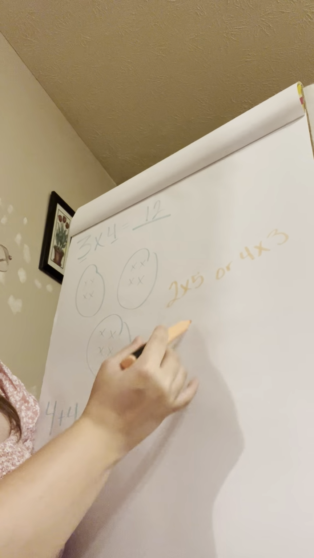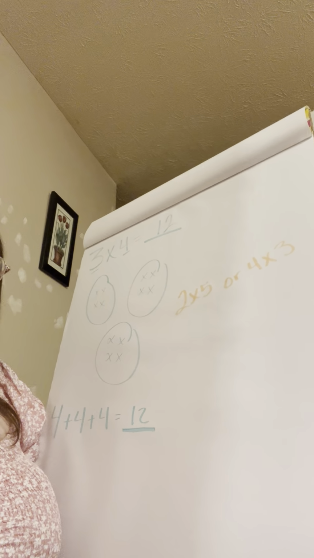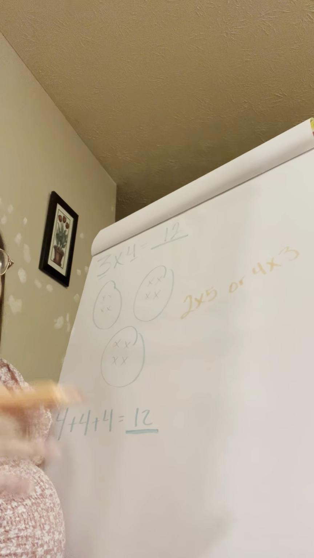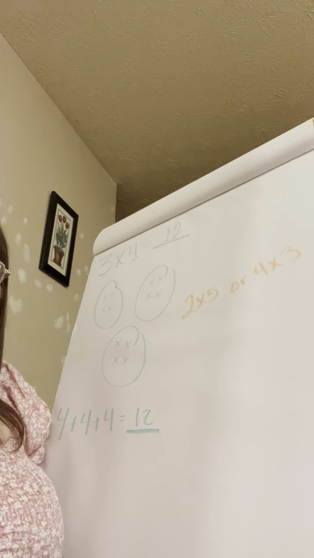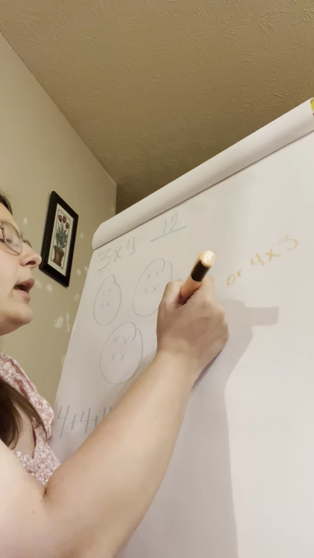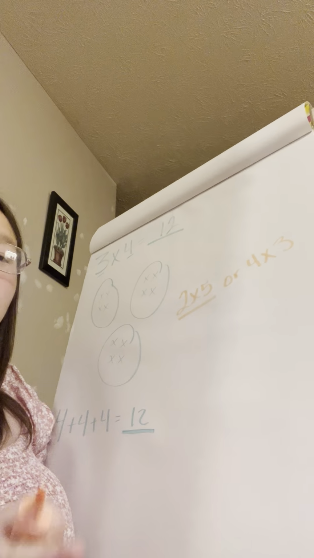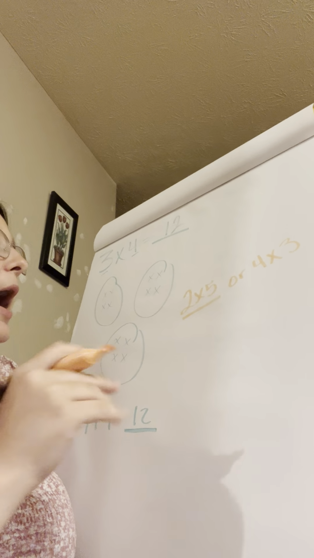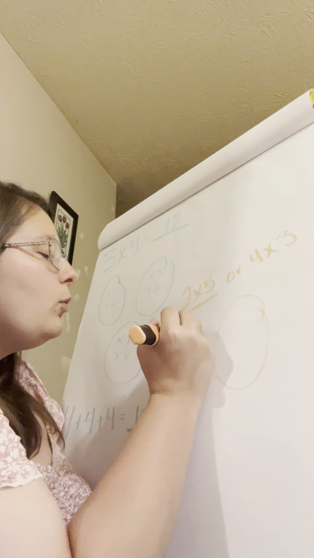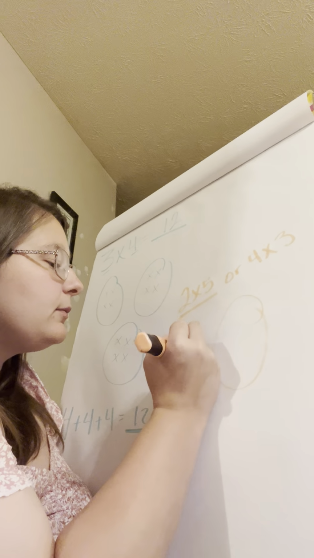Next, I want you to draw your equal groups and write the repeated addition equation. Then we're going to create a rhythm that matches our multiplication fact that we chose. So, for example, if I choose 2 times 5, I would make 2 groups with 5 beats.